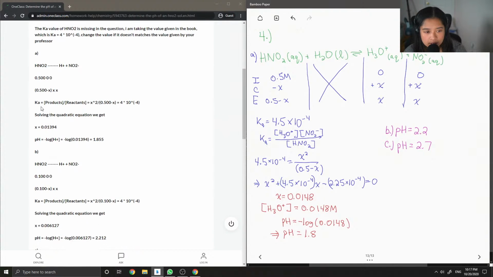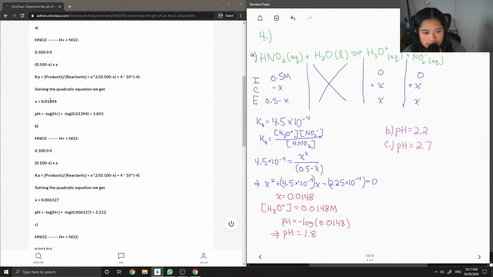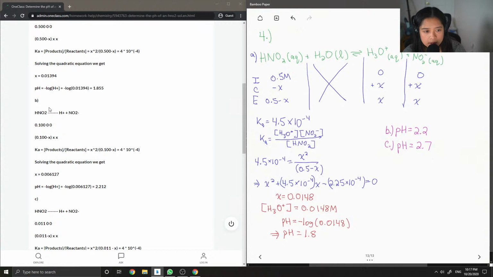Then they got Ka equals concentration of products over reactants, equals x squared over 0.5 minus x, equals 4 times 10 to the negative 4. Solving the quadratic equation, we get 0.01394. Yeah, so it's the same as mine, except off by a few sig figs.